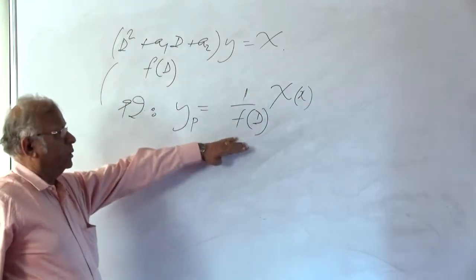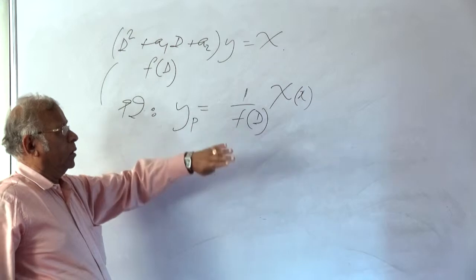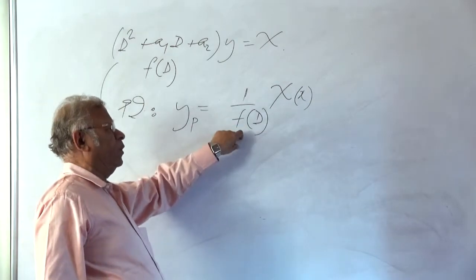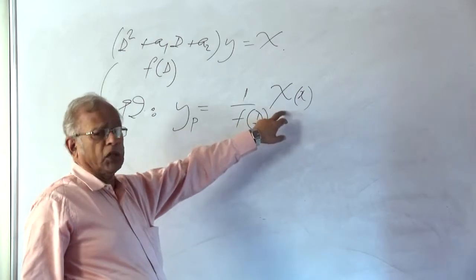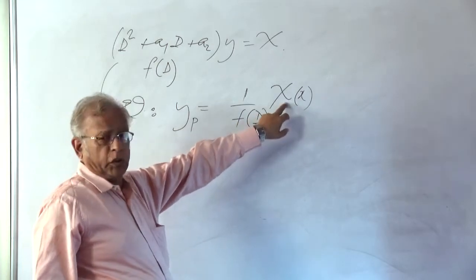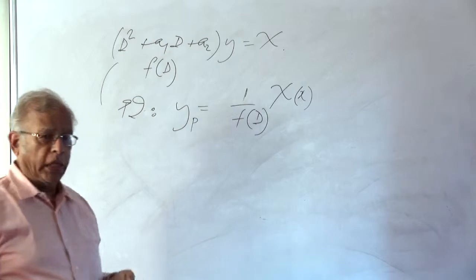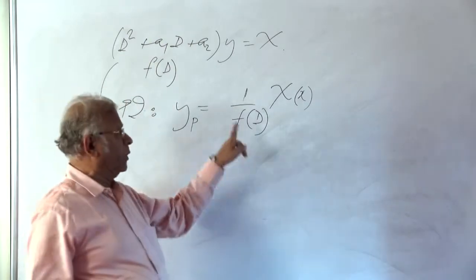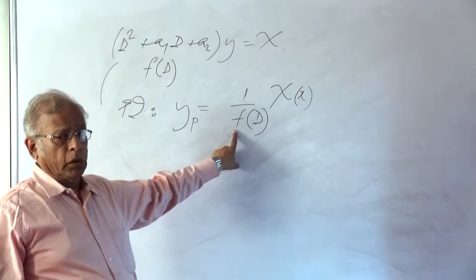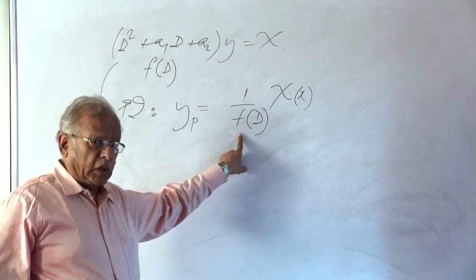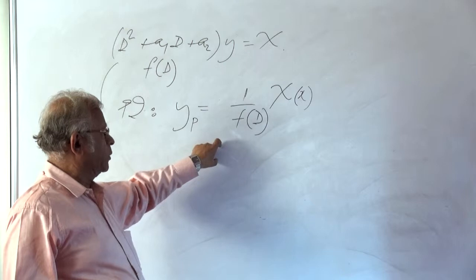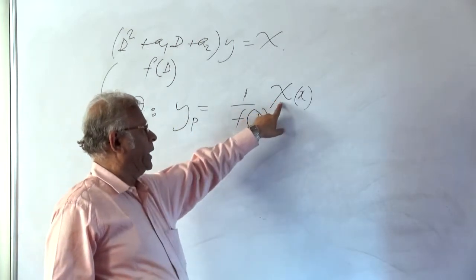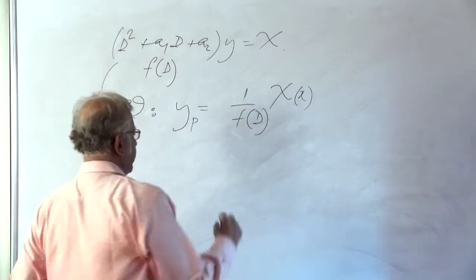This we have discussed earlier, but the point is, given a particular expression for F(D) and different forms of functions of x, exponential, maybe exponential multiplied by polynomials, polynomials only, and so on, or trigonometric functions, how is it possible to apply 1 by F(D) operating on X?